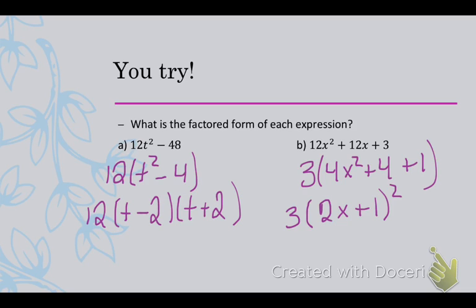And then the second one, you should have factored out a 3, and you're left with 4x squared plus 4x plus 1. And this is what we did at the beginning of the lesson. So now we have 3 times 2x plus 1, squared. I took the square root of 4x squared and the square root of 1, put it in here, and then squared it.